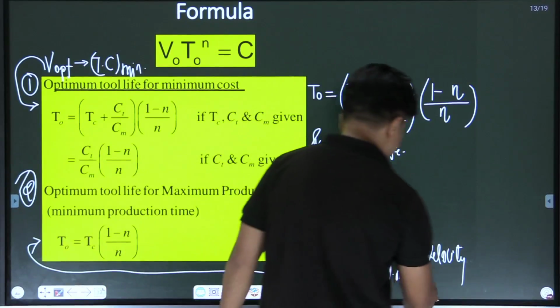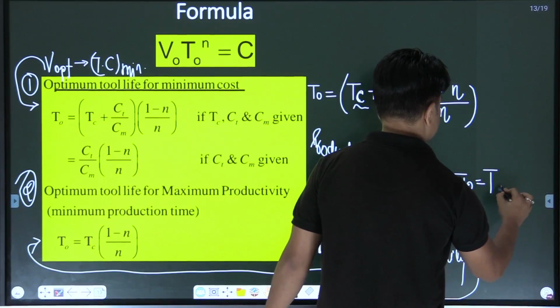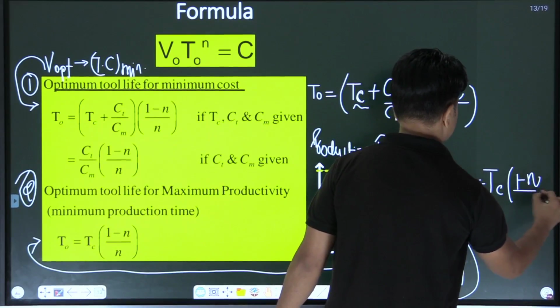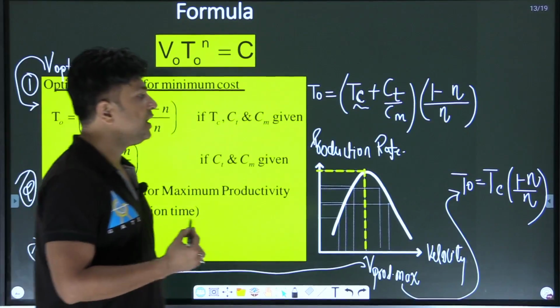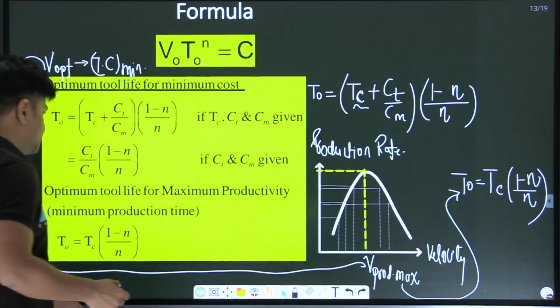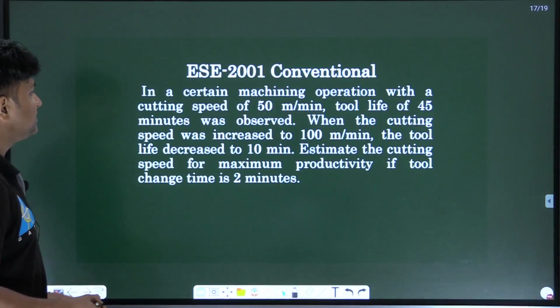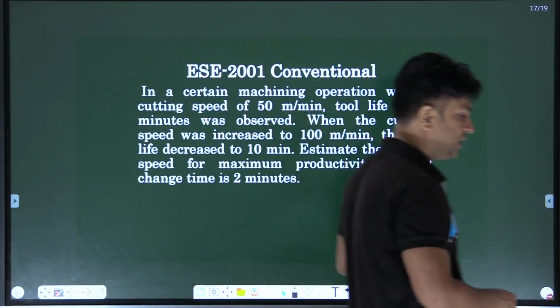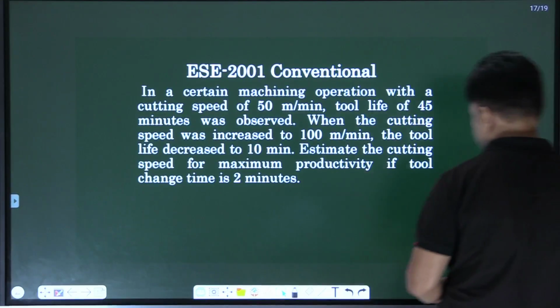Tc is again the tool changing time, and n is the exponent.